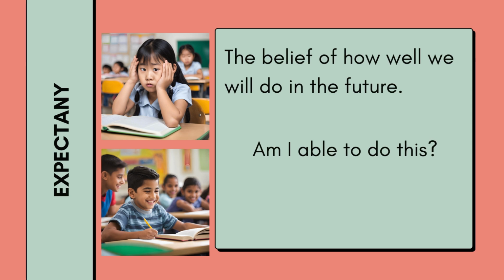Expectancy is the belief of how we will do in the future. It answers the question, am I able to do this? What someone thinks might happen in the future is based on what has already happened before. It's also related to the value they place on achieving certain outcomes.